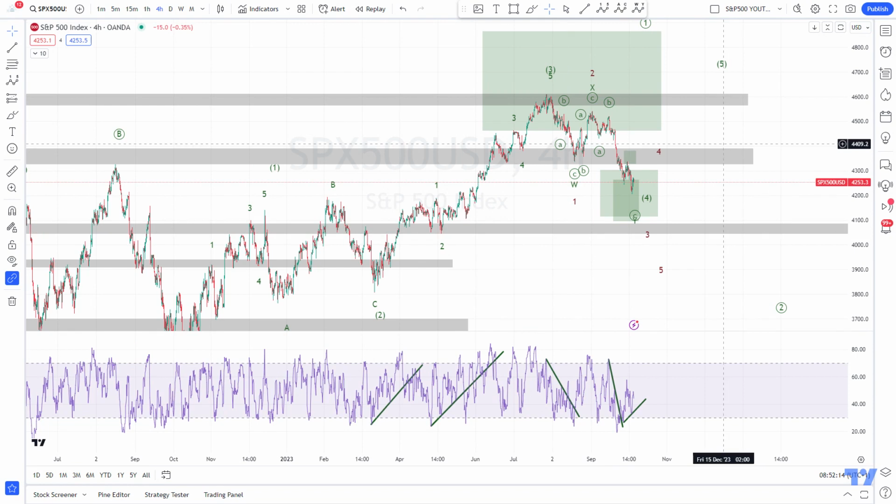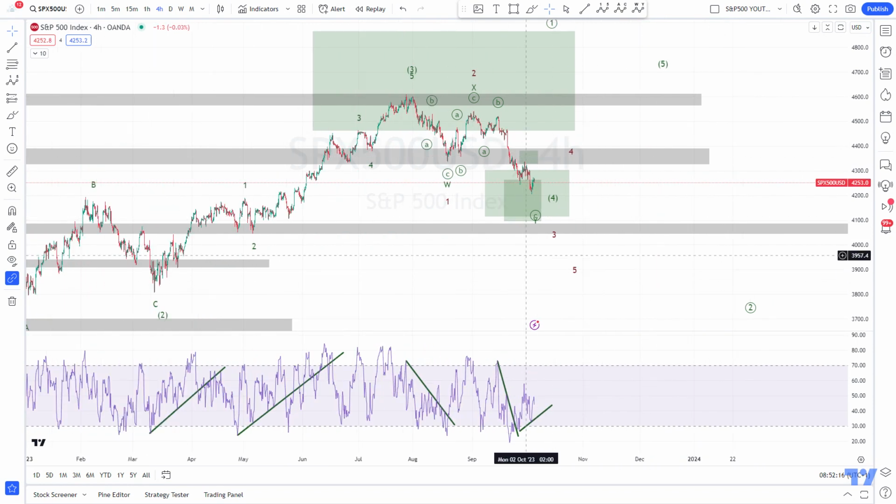And then also here on the 4 hour, it looks like we might be forming an upward cycle here. So we broke this cycle down.